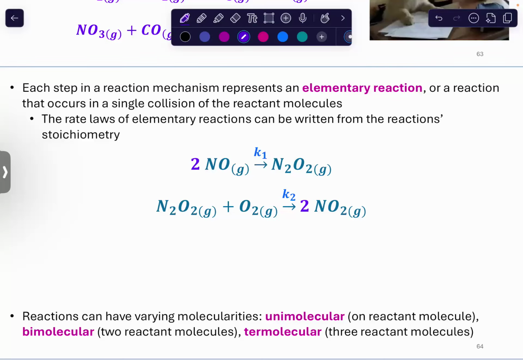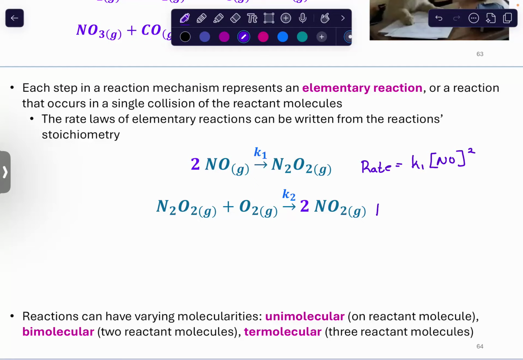So, like for your first one here, you see how I use the stoichiometric coefficient as the exponent? That can only happen for an elementary reaction.